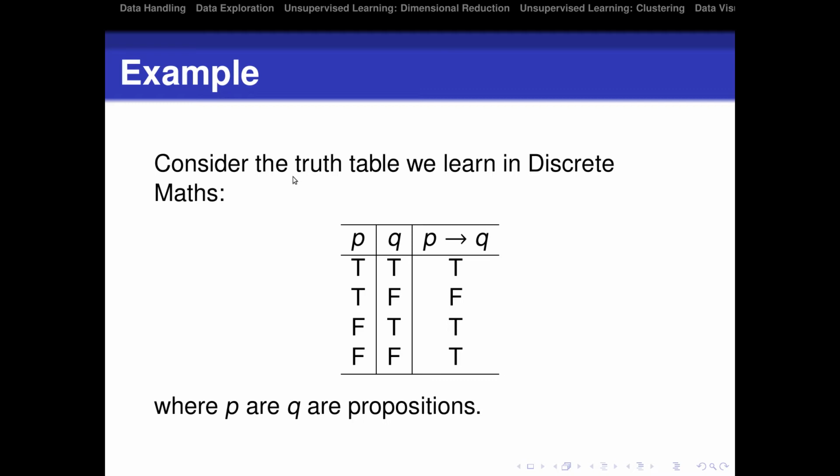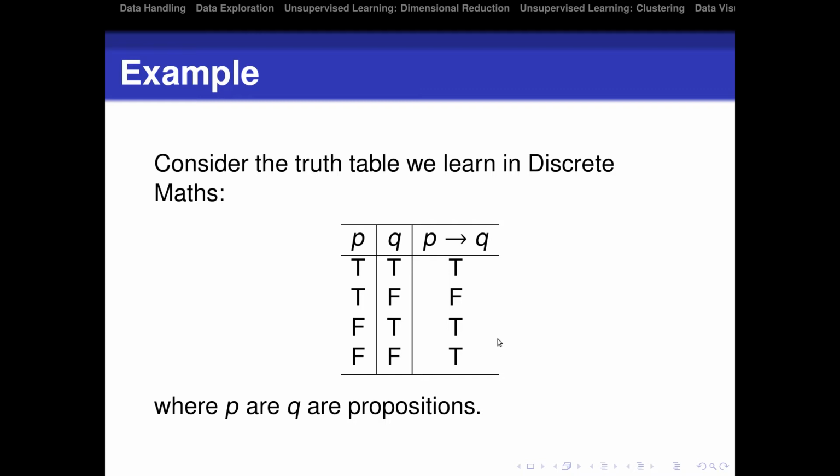I hope all of you still remember the truth table for the definition of implication, to form a compound statement P to Q, or P implies Q, where both P and Q are propositions. Because they are propositions, we can evaluate them to be either true or false. Therefore, we have such a truth table.